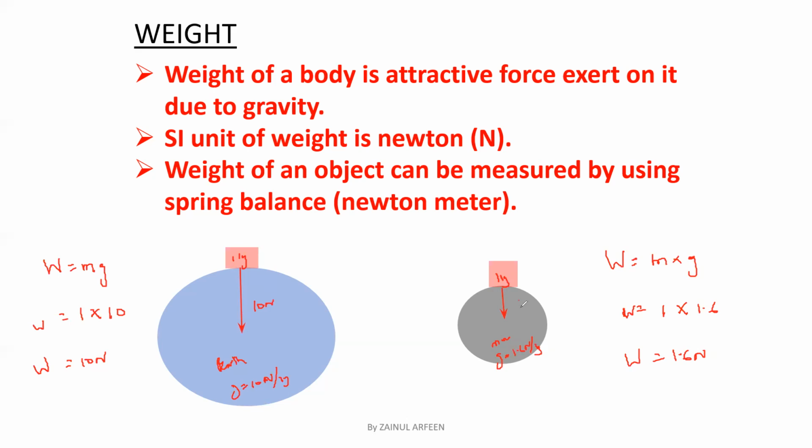So two objects have the same mass but they may have different weights depending on the planet or the place where you are calculating the weight of an object. Is it clear? So weight of an object is not constant, it changes from place to place.